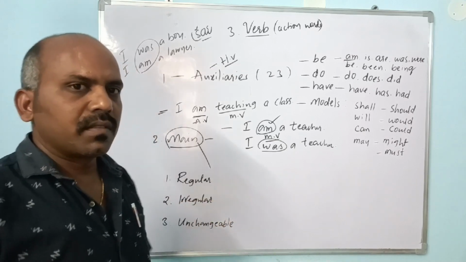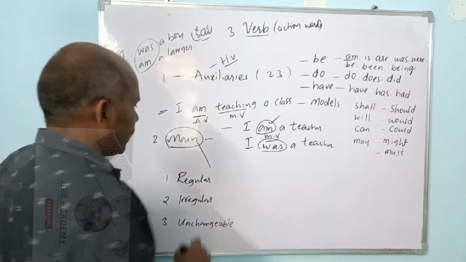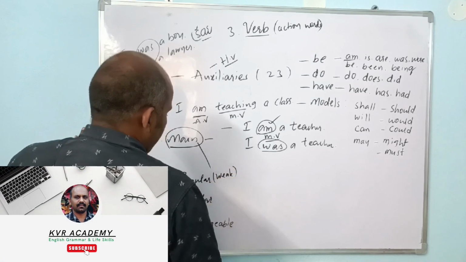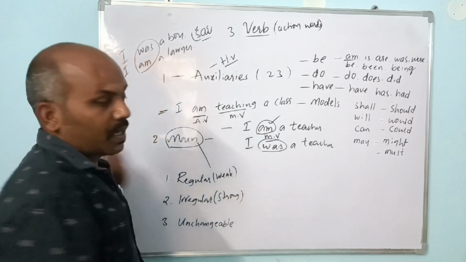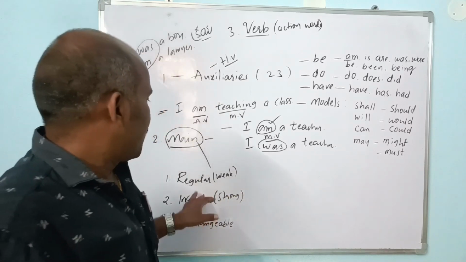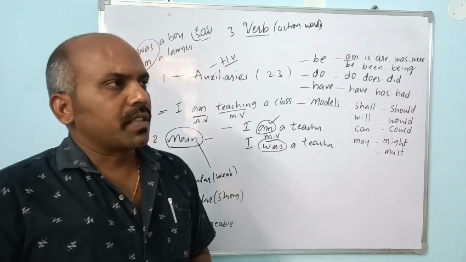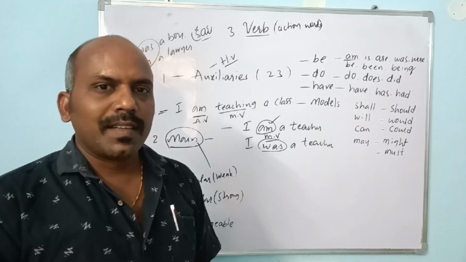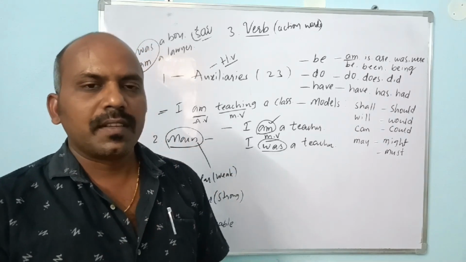Depends on their forms, they are divided into three. Regular verbs are called weak verbs, and irregular verbs are called strong verbs, right? Normally, when we are going to suggest or maintain a password, it shows weak password, medium password, strong password.